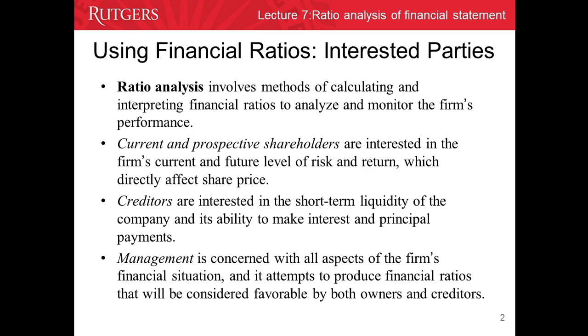They are interested in the firm's current and future level of risk and return, which will directly affect the share price. And creditors are interested in the short-term liquidity of the company and its ability to make interest and principal payments. Also, management is concerned with all aspects of the firm's financial situation and its attempts to produce financial ratios that will be considered favorable by both owners and creditors.